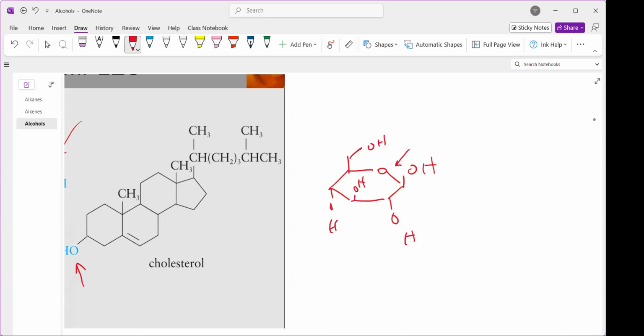Now, ethanol is one of the few alcohols that will not kill you. Will not kill you. Methanol will kill you.